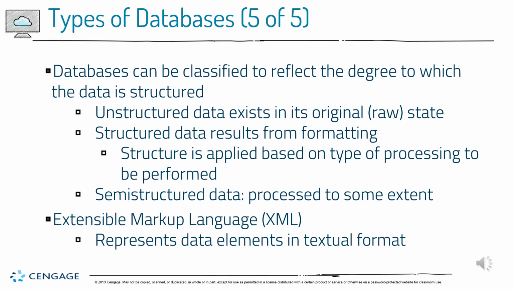You apply structure or format based on the type of processing that you intend to perform on the data. For example, printed paper invoices can be scanned and saved in a graphic format as images for future retrieval and display. Most data, which is classified as semi-structured, have already been processed to some extent.